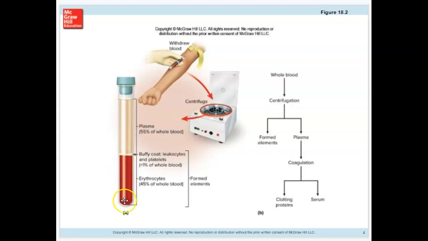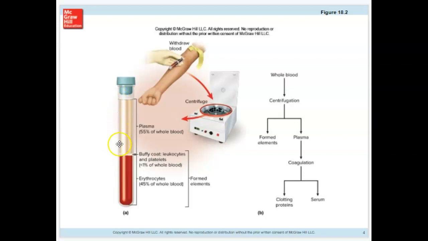And if you see here, you can see 99% of the total volume of the solid part is going to be red blood cells or erythrocytes, and they are the most important cell of the blood. And we have a buffy coat here, right here, which is about 1%, maybe 2%, of leukocytes and platelets.